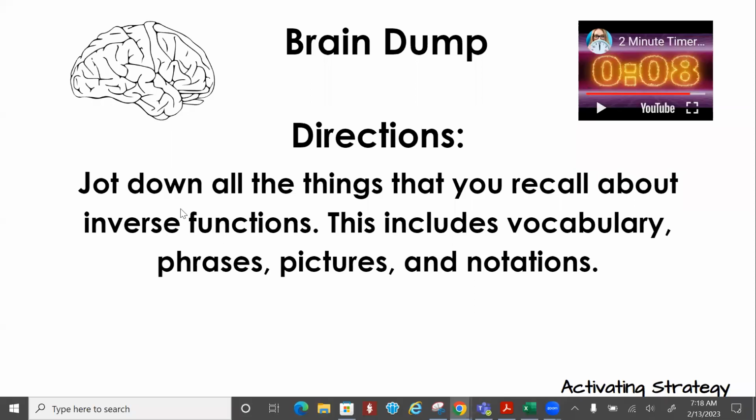What do you remember about inverse functions? Anything at all? Zero things? Don't remember nothing? Okay.